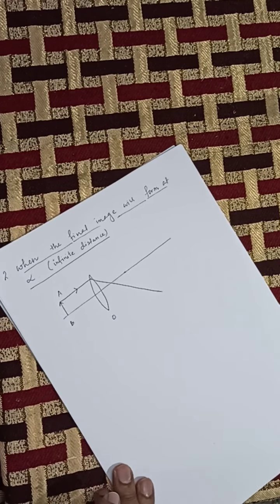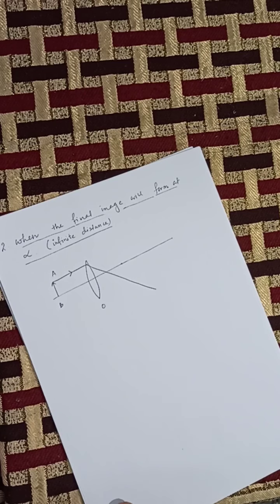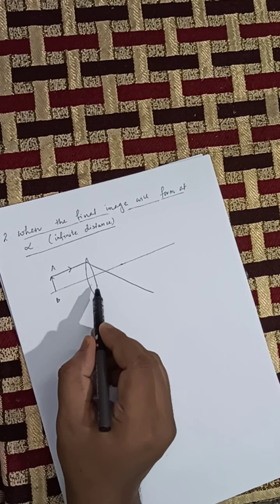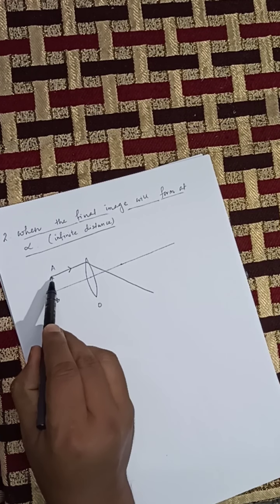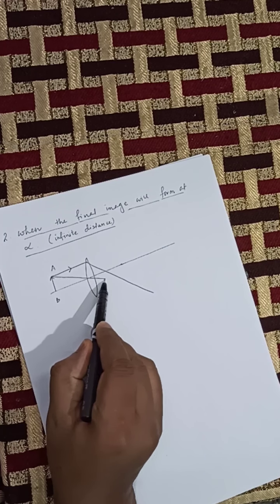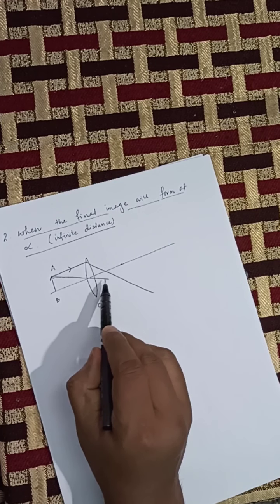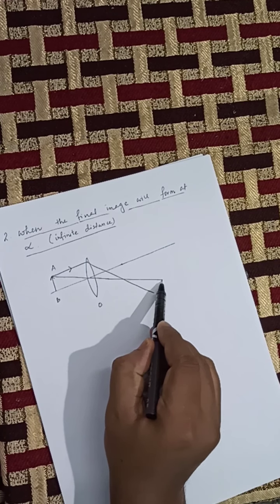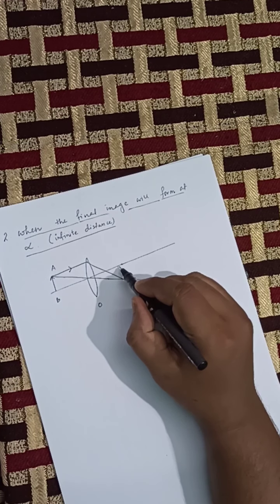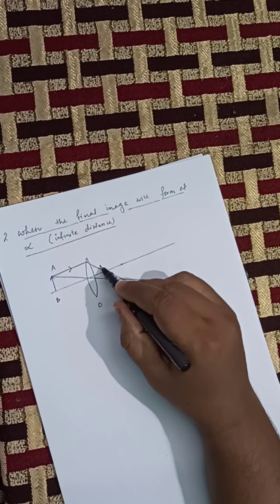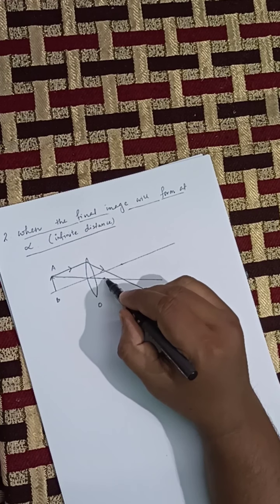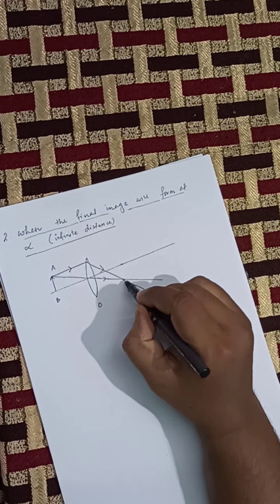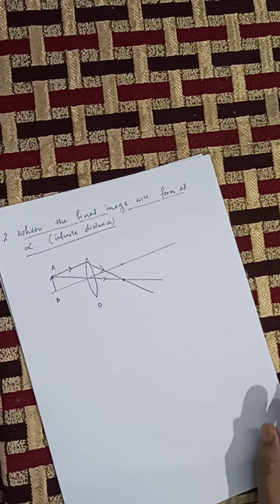Then second incident ray which will pass through the optical center of the objective lens. So after refraction, these two refracted rays, they will intersect at this point, isn't it?